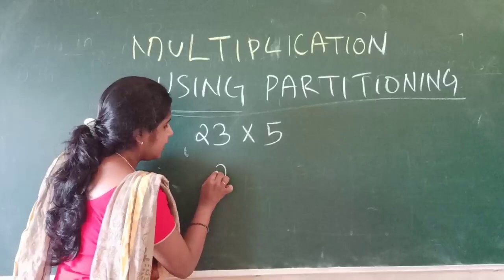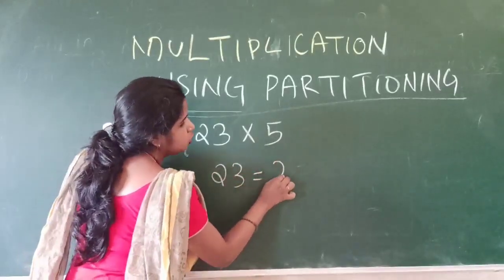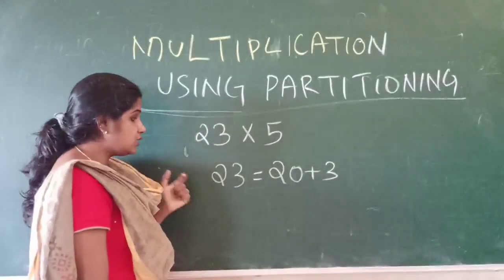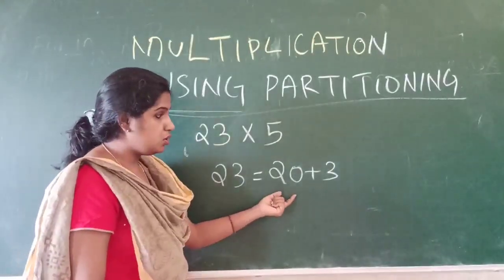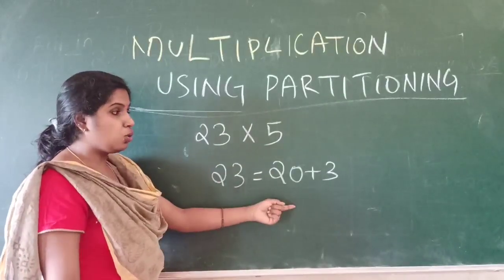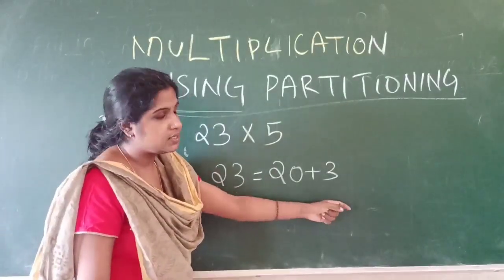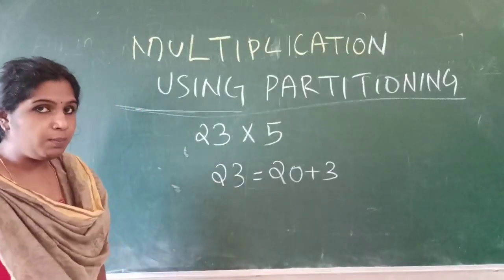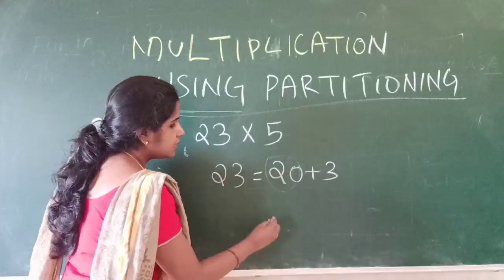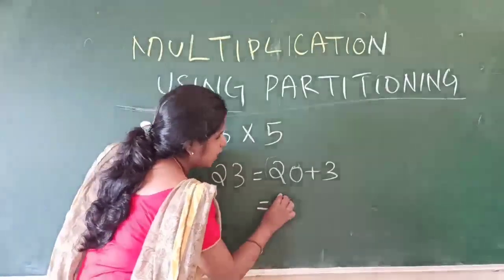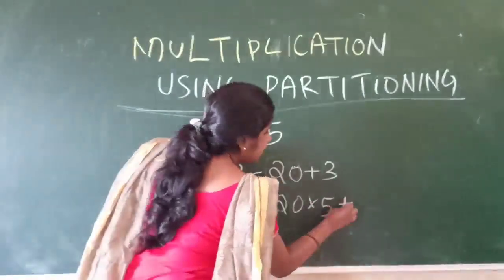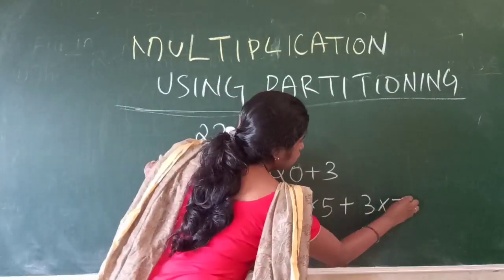Yes, it is 20 plus 3. Now we will multiply each number with 5. That means we will write it as 20 into 5 plus 3 into 5.